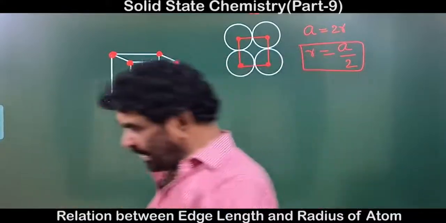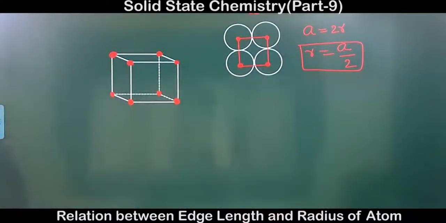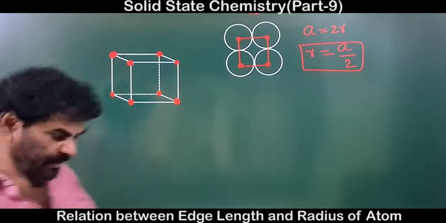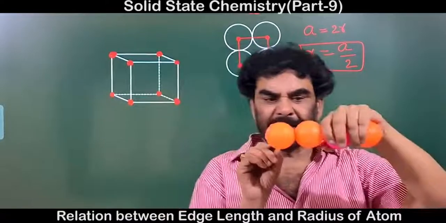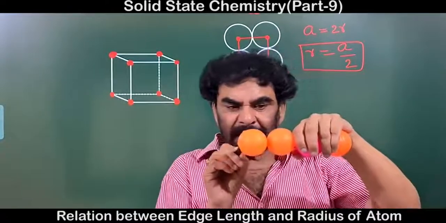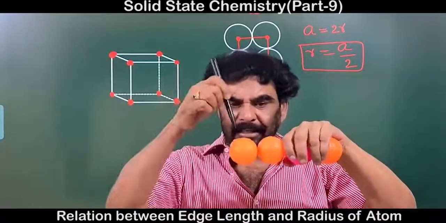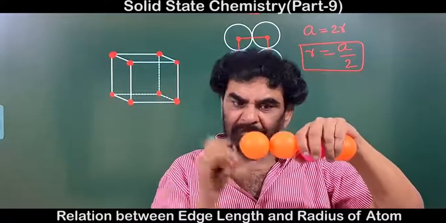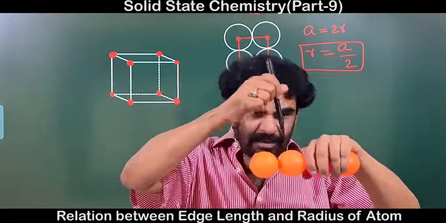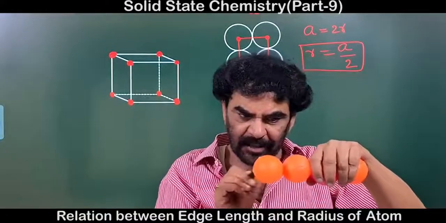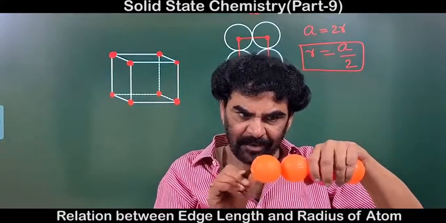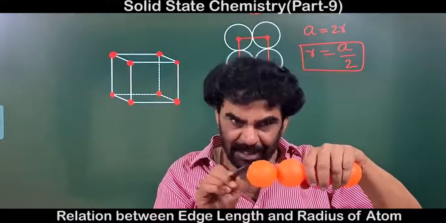When two atoms, that is two lattice points, touch each other, the distance between them is the internuclear distance, from the center of this atom, where the nucleus is present, to the center of the other.